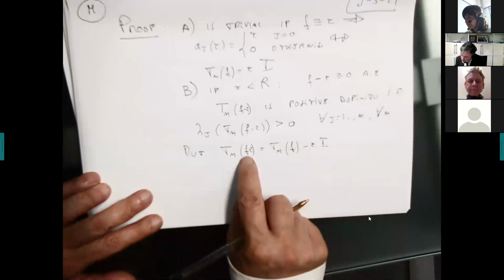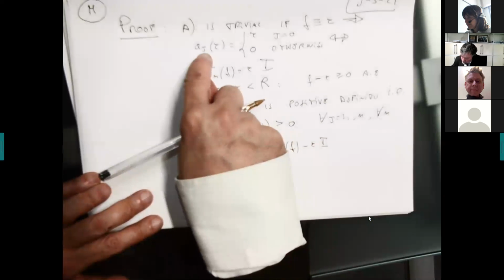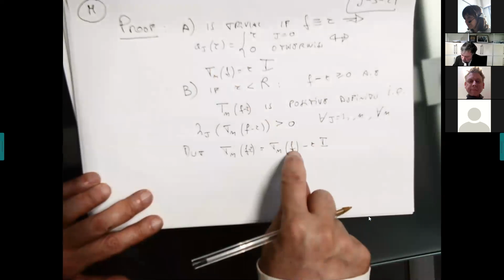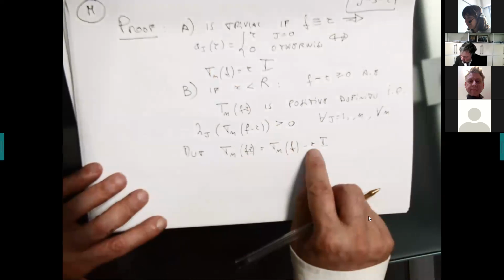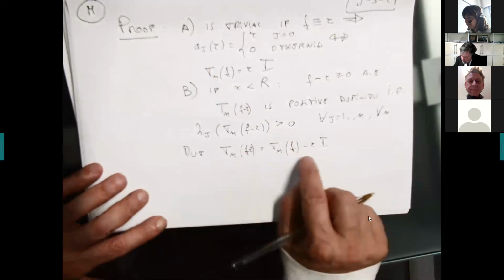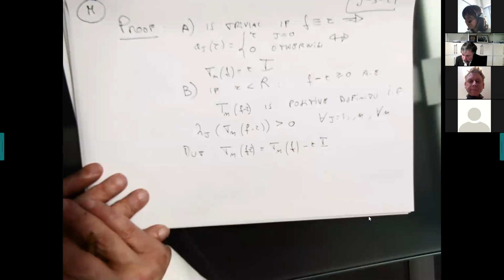Compute the Fourier coefficient of this. All the Fourier coefficients with j different from 0 are the Fourier coefficients of f. The only difference is in the 0 Fourier coefficient, where there is the number r. So it will be A0 of f minus r.